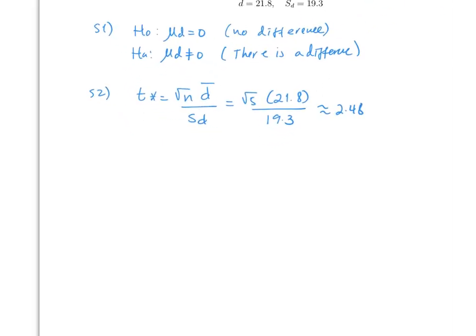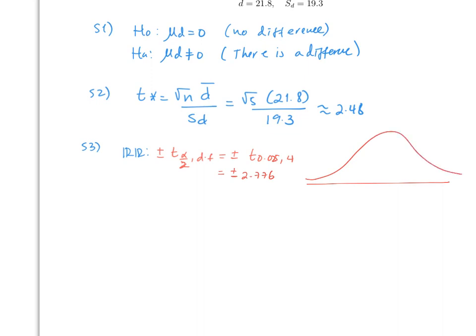Okay, so step 3, same story as before. The rejection region. This is 2 tails, so it's going to be plus or minus T of alpha over 2 with degrees of freedom, which would be plus or minus T of 0.025 with 4 degrees of freedom, and this is plus or minus 2.776.